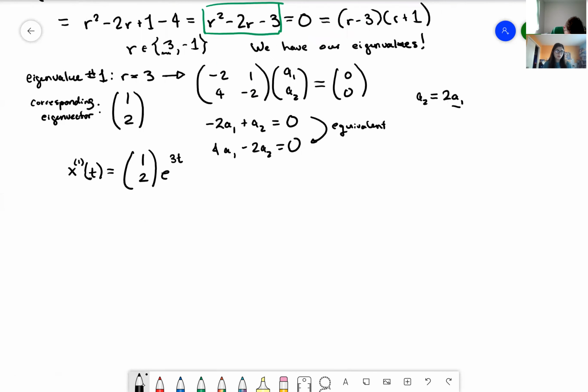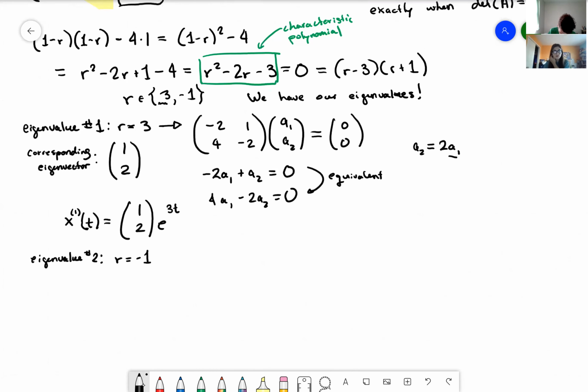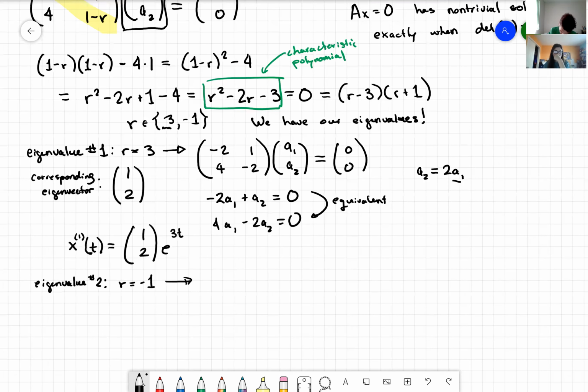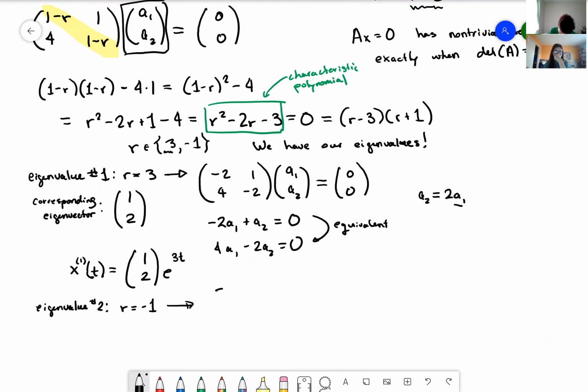Second solution, eigenvalue number 2, r equals -1. We plug this in. What do we get for our matrix? It's 1 minus r, so that's 2, then 1, 4, 2.